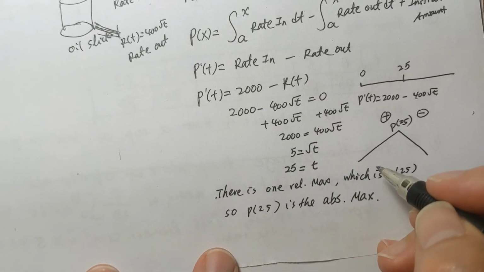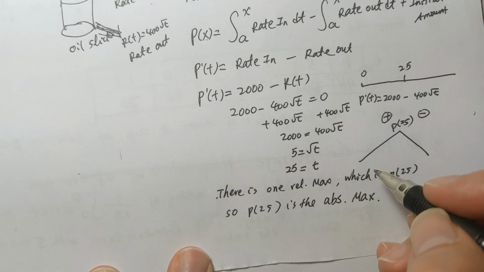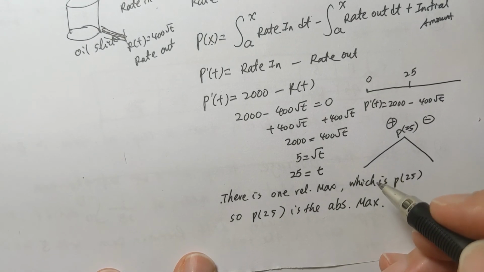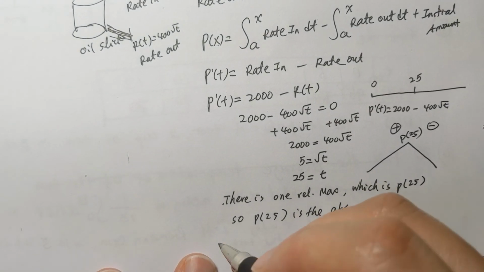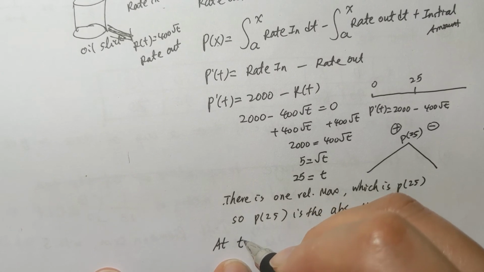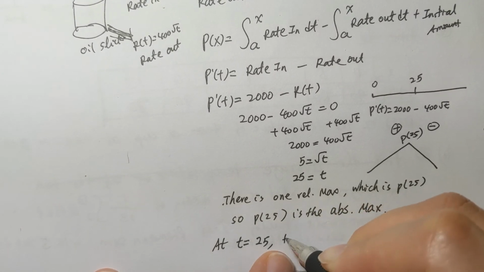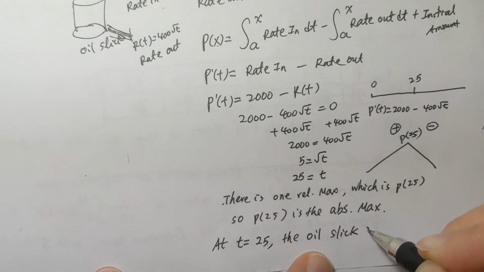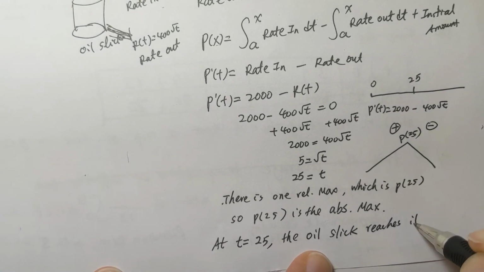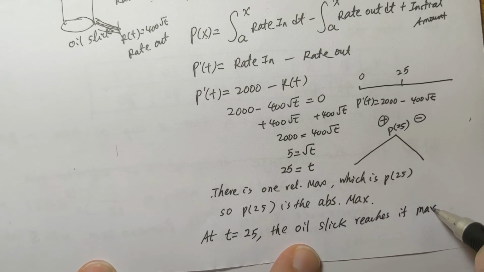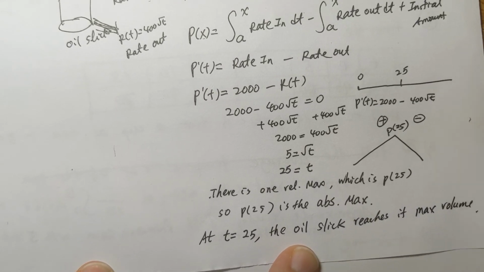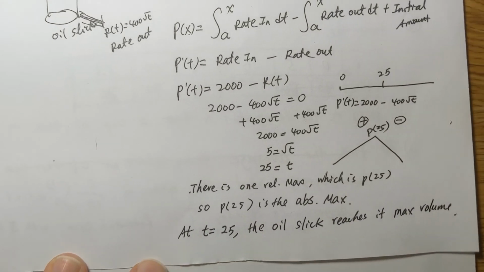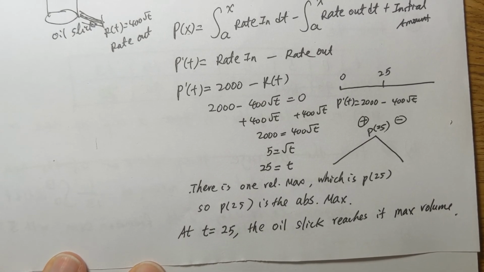Now we are going to paraphrase a little bit. Therefore, at t equal to 25, the oil leak is at its maximum value. Okay, so we finish part B.